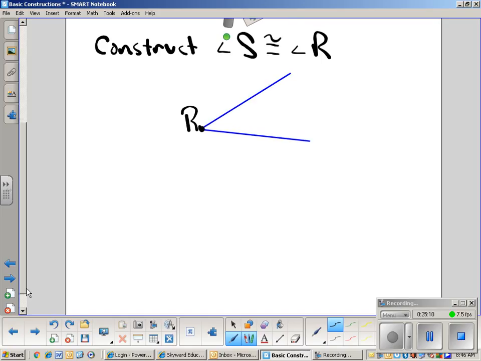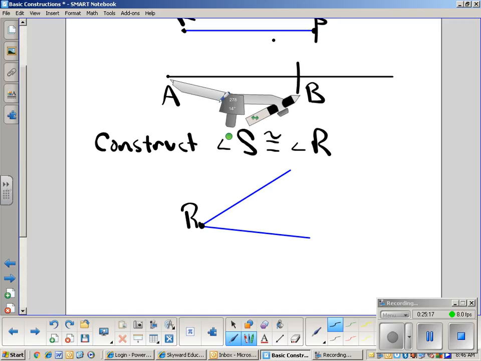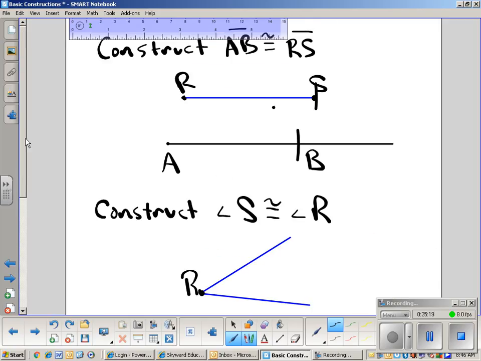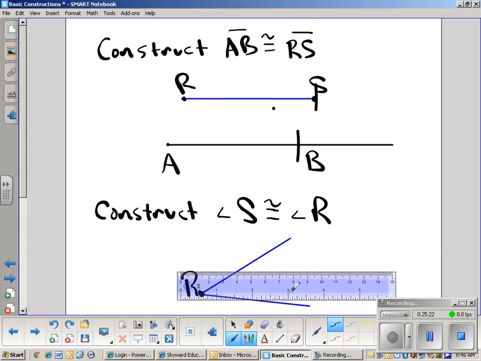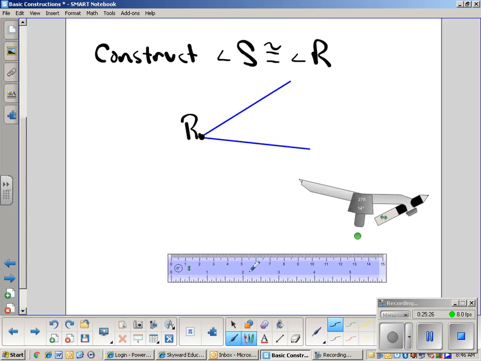Okay, copying an angle is a little bit more involved, but you've already done it. You just were unaware of it. Let me move the tools down here. When you construct an angle, it's best to make the angle you're constructing look like it's in the same position as the angle you're copying it from.